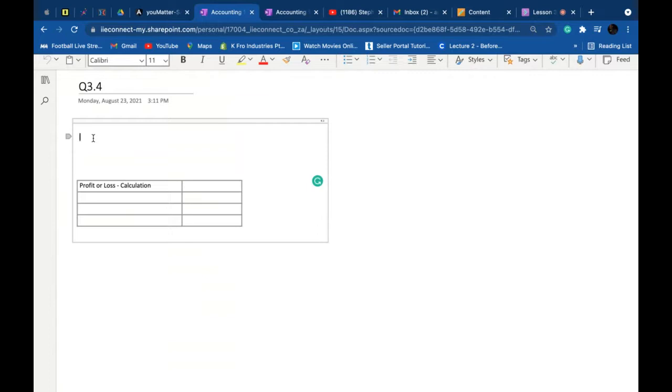What I'm trying to get at is, what is the formula for identifying whether we made a profit or a loss on the disposal of an asset? I want us to start there. Just give me the formula, and then we're going to delve into that.